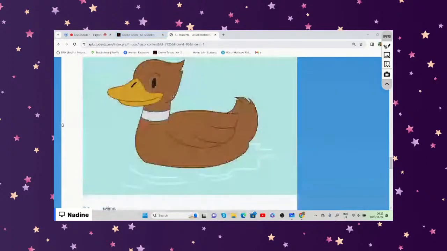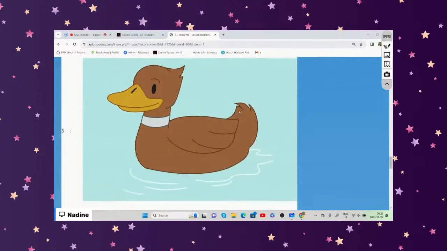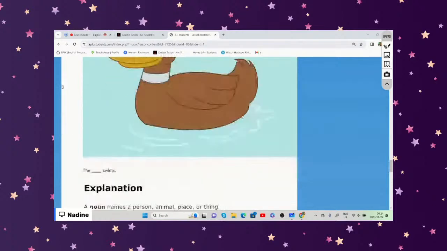If we look at the picture, who is this? Which animal is this? So we can basically say the duck swims.